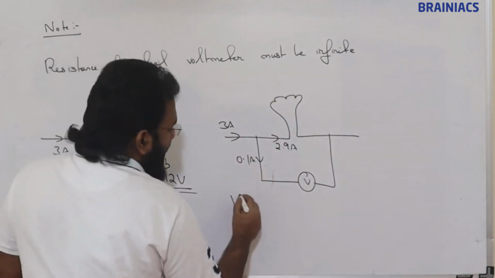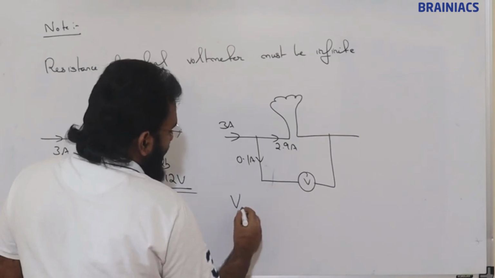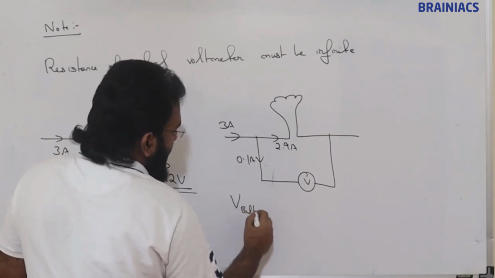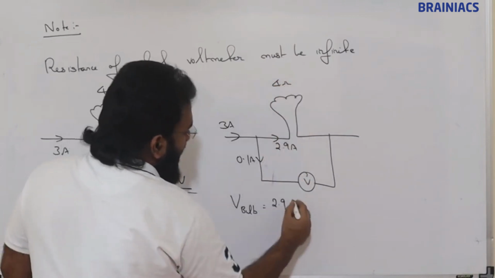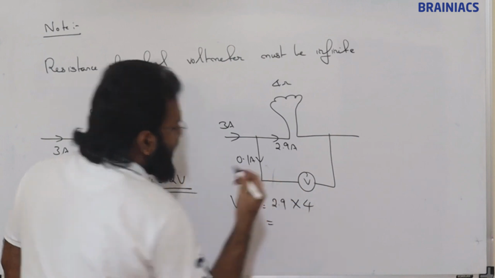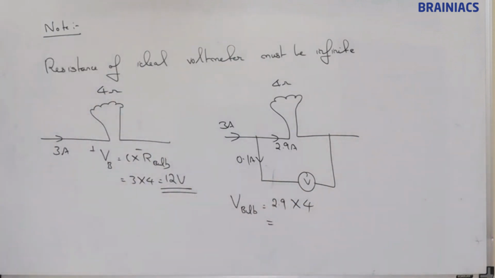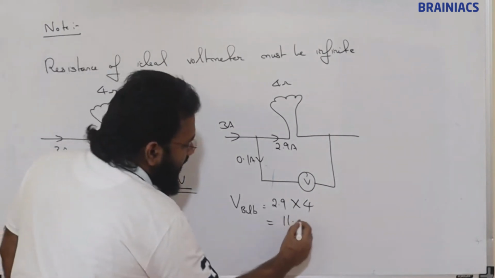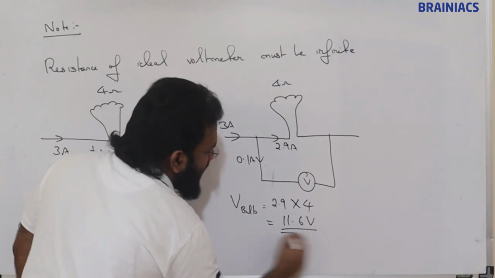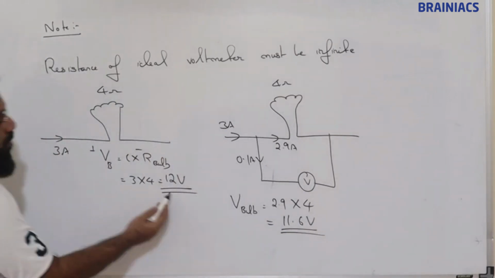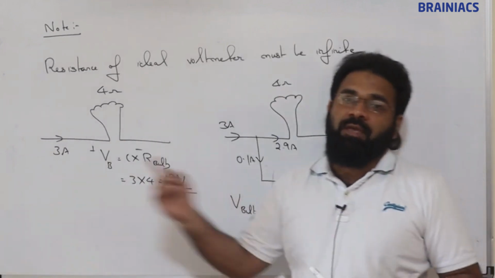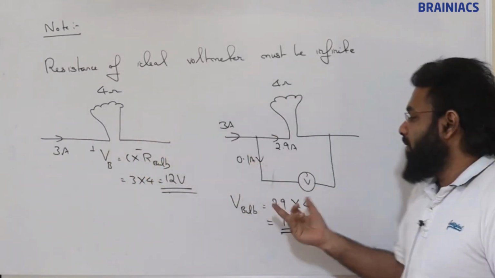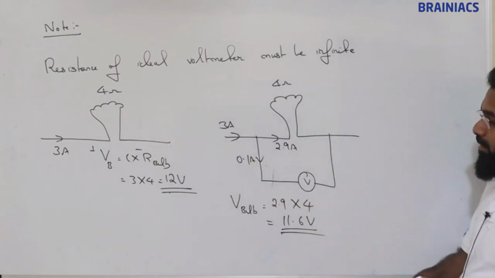Now the voltage across the bulb is 2.9 into 4, which is 11.6 volt. See the difference. This is 12 volt, this is 11.6 volt. So there is a 0.4 volt difference between this circuit and the circuit with the voltmeter connected.